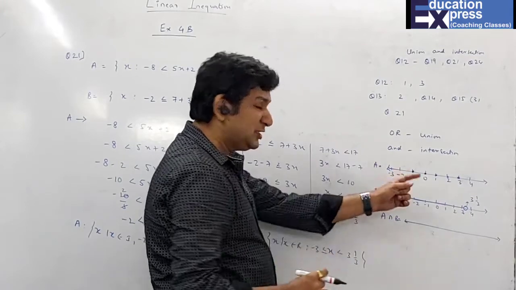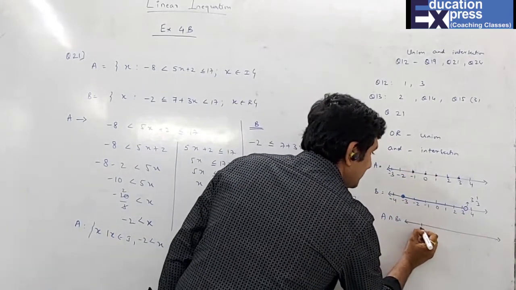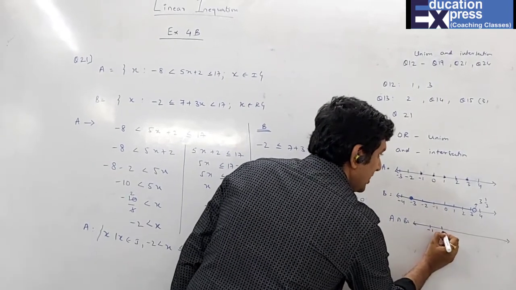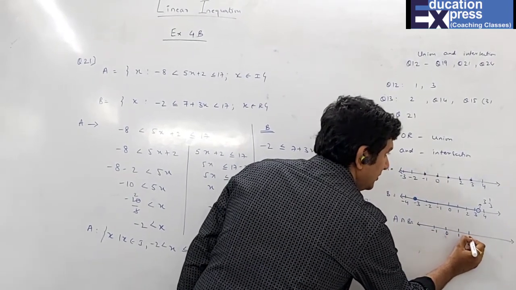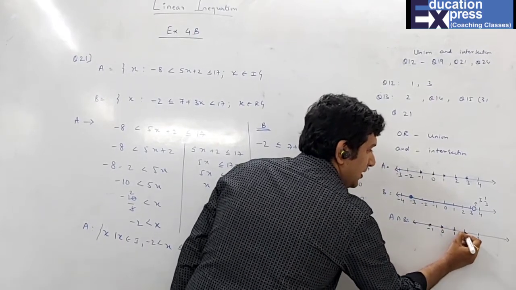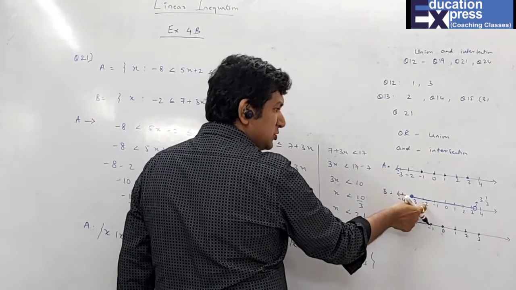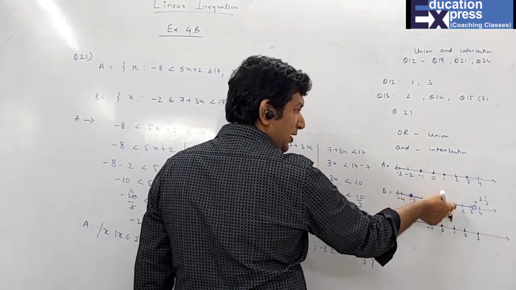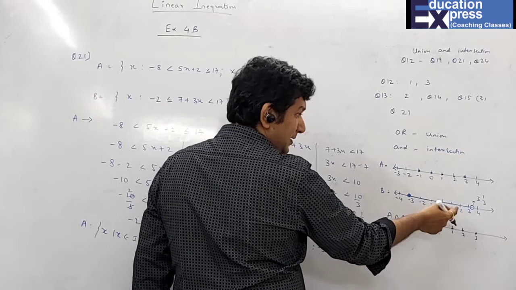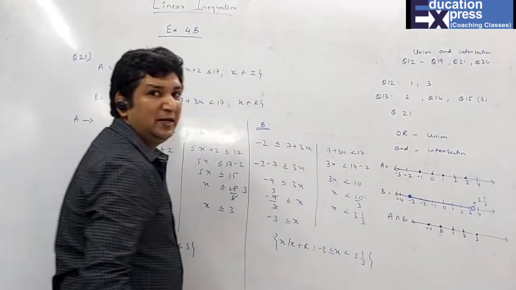That means for the intersection I have to write what is common. So common is just -1, 0, 1, 2 and 3. So this is the answer, and not the real number line, because the common in both is -1, 0, 1, 2, 3. But only B has the in-between part, A does not have it, so it will not come in the intersection.